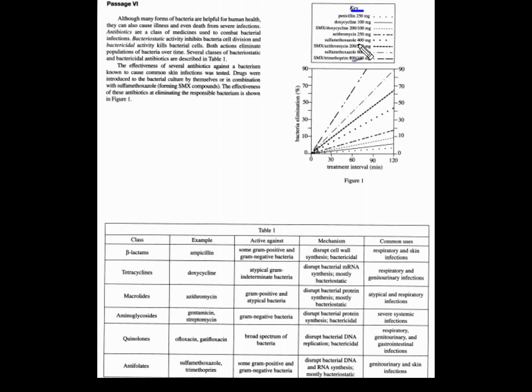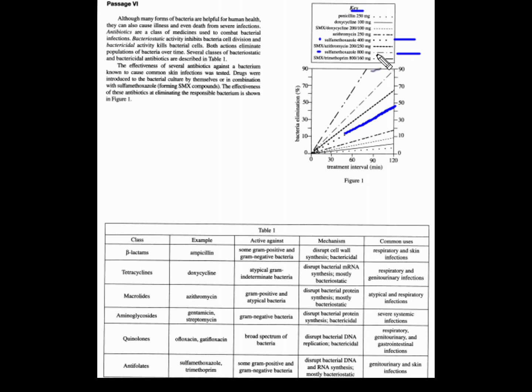It looks like we have this one here. It's this dotted line, the dark one. And then it looks like we have this other one here, the dashed line. So those are two of them. Let's go in and find those. Here's the dotted line right here. Let's trace over that.